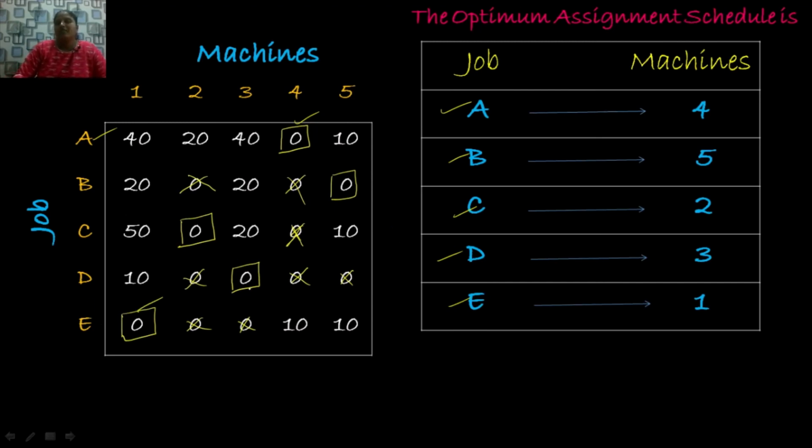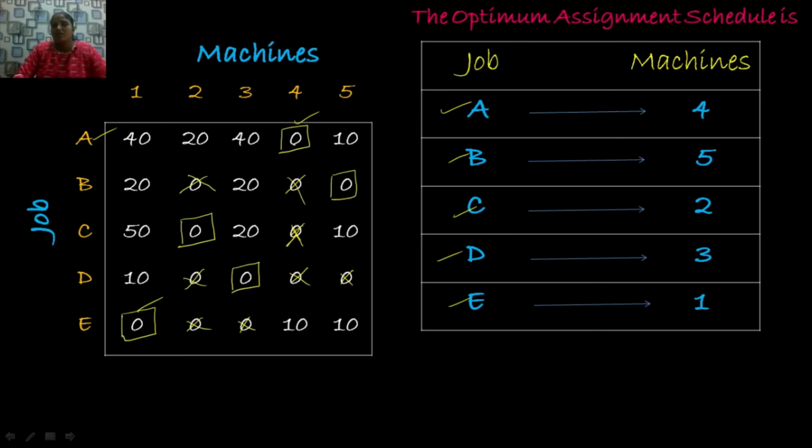Then next we calculate the cost associated with this assignment schedule. This was the matrix we arrived at using the Hungarian algorithm. But this is not the original cost matrix. This is the reduced matrix we arrived at from the original matrix using the Hungarian algorithm to find the optimum assignment schedule.